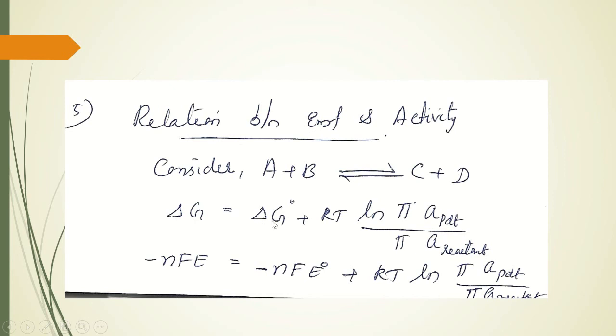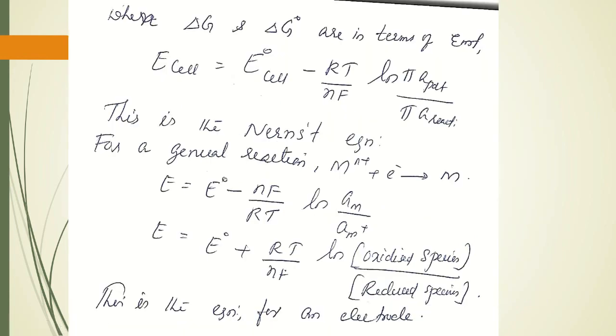Delta G is equal to delta G0 plus RT ln pi into activity of the product, that means activity of C and D divided by activity of the reactant. So we can substitute the EMF relation of free energy, that is minus nFE is equal to delta G0, minus nFE0 plus RT ln pi into activity of the product divided by activity of the reactant, where delta G and delta G0 are in terms of EMF that I already explained.